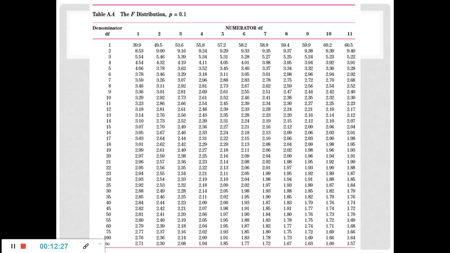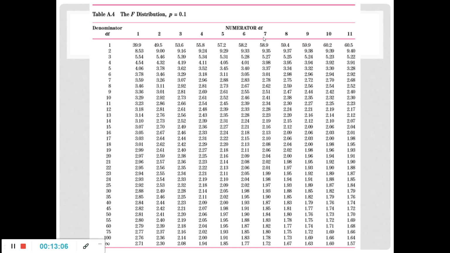I just took one portion, and as you can see, the p here stands for the probability of rejecting the null, that is nothing but alpha, right? The probability of committing the type 1 error, that is your alpha, that is nothing but the level of significance. And this entire table is only for 0.1 level of significance. And in the top row here is the numerator degrees of freedom.